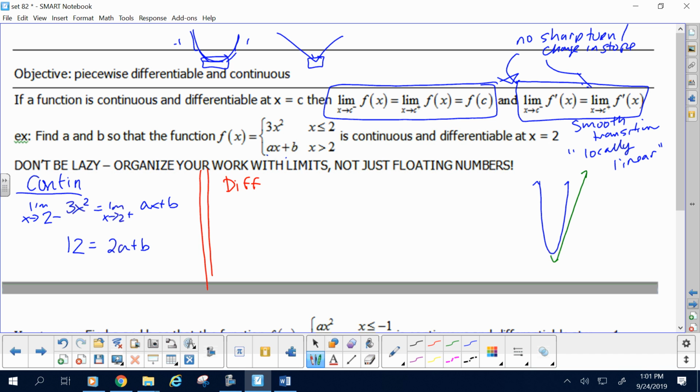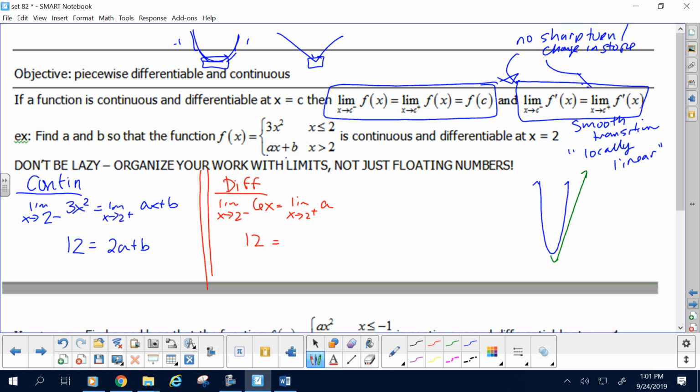It must also be the case that the derivative from the left, which is 6x, has to equal the derivative from the right so that the slopes match. What's the derivative from the right? It's a. At 2, what's the slope of the parabola? At 2, the parabola leaves off with a slope of 12.